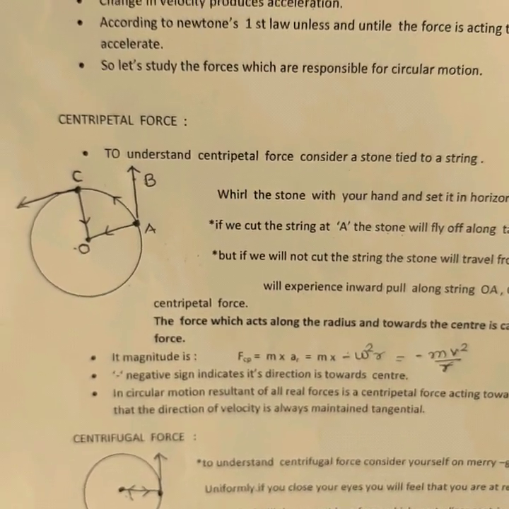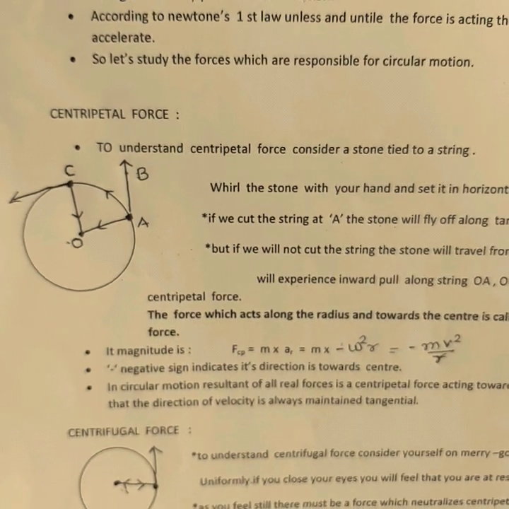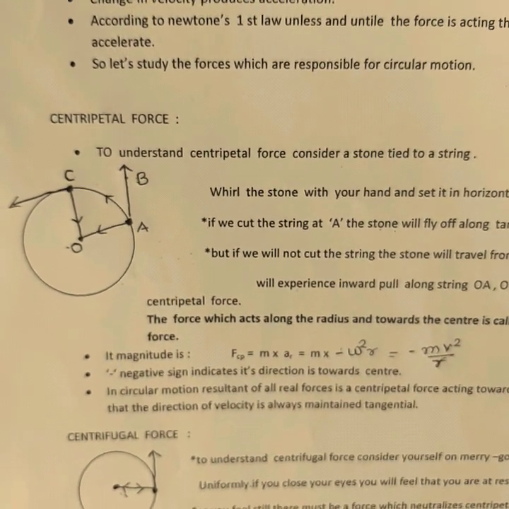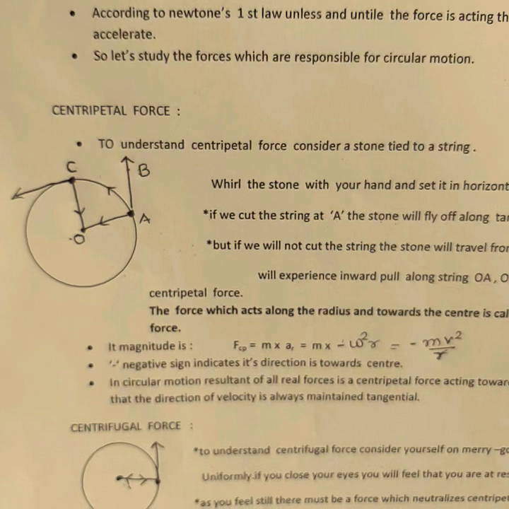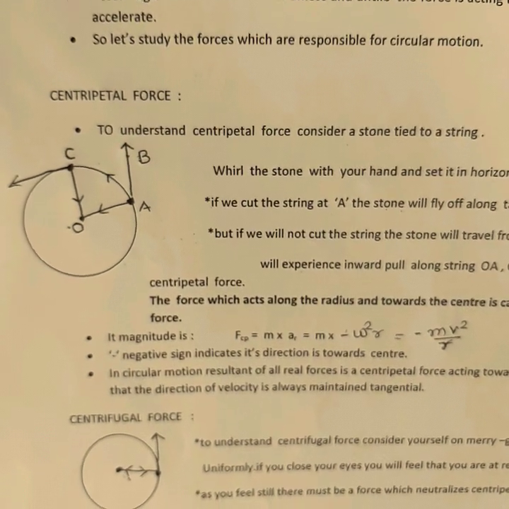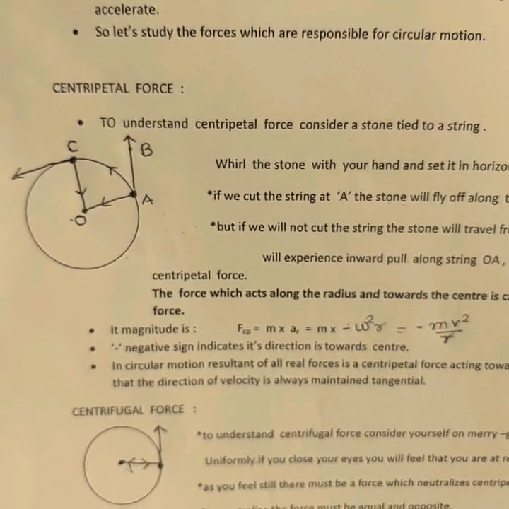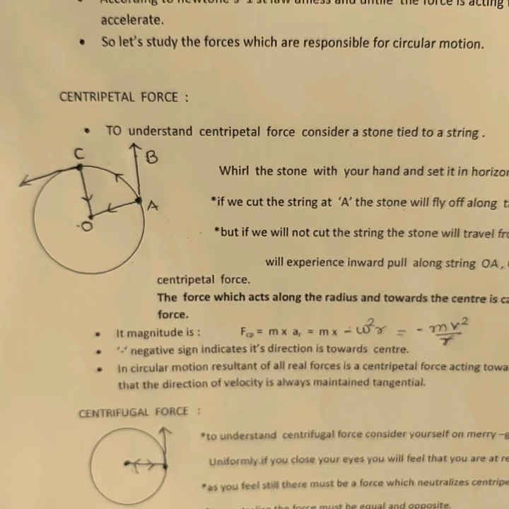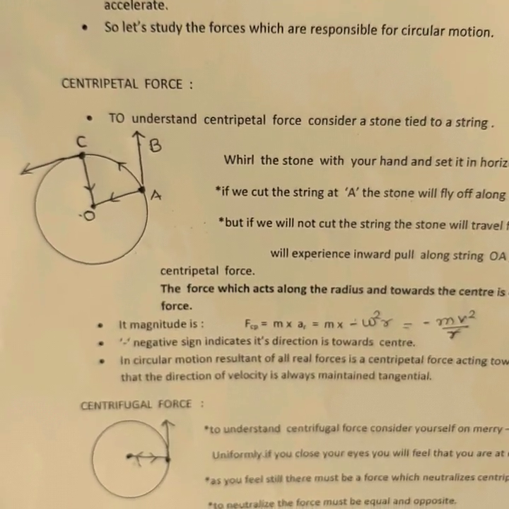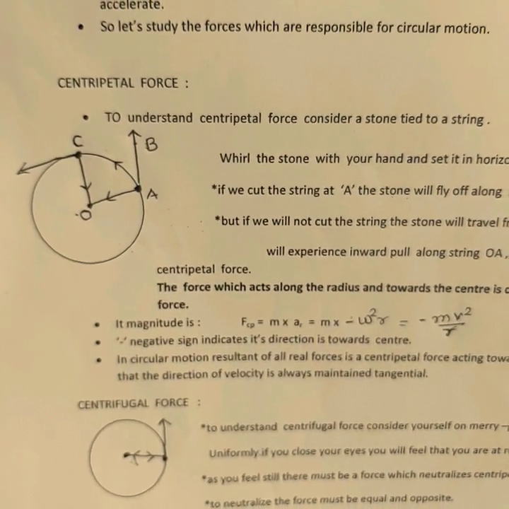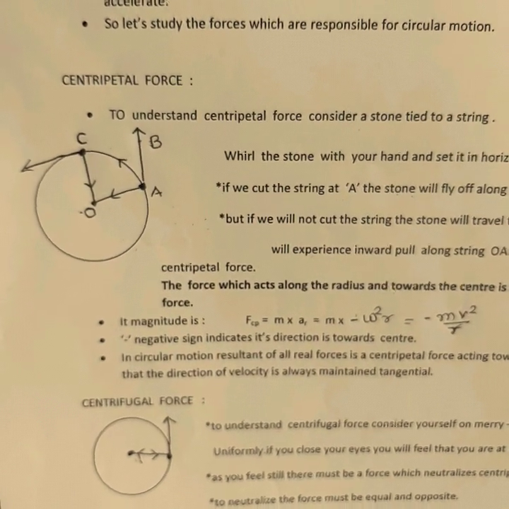and its magnitude is, according to Newton's second law, F is equal to m into a. Here the centripetal force is equal to m into centripetal acceleration. In the last lecture we studied the magnitude of centripetal acceleration. It is minus omega square r.